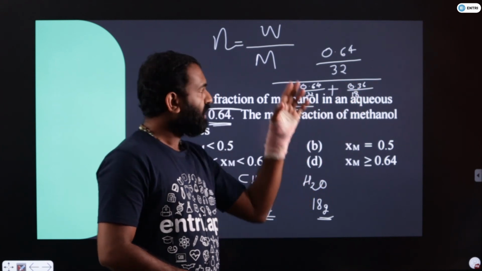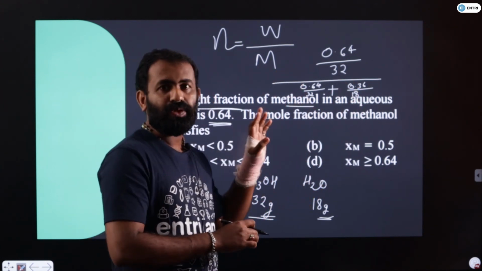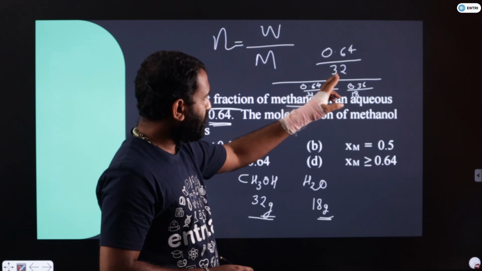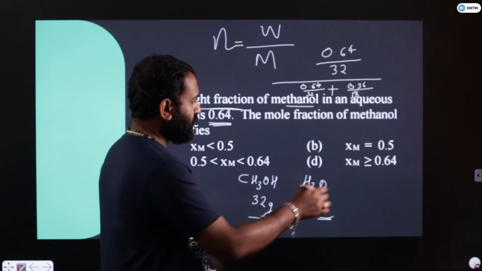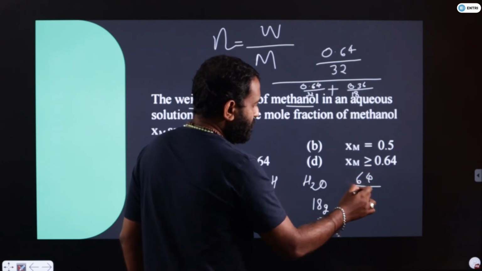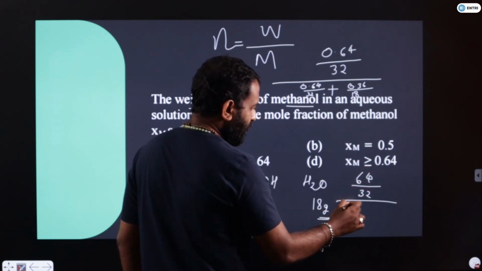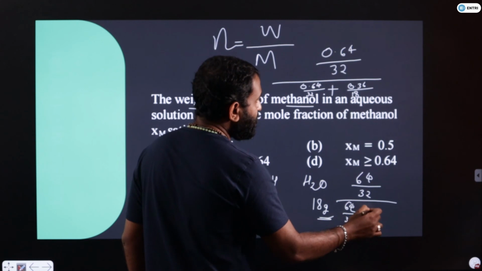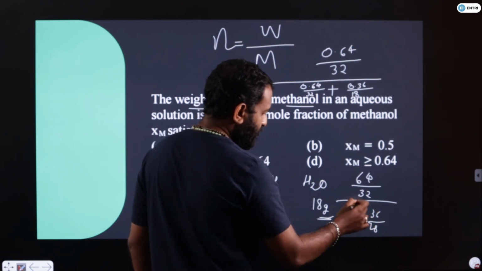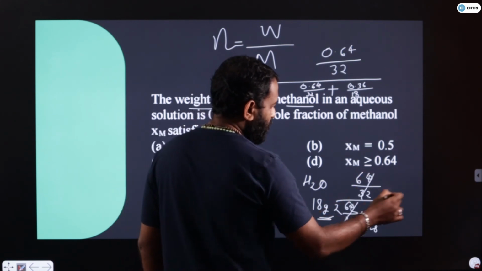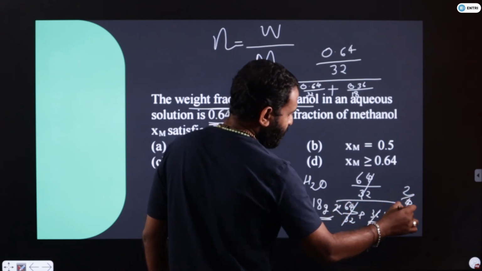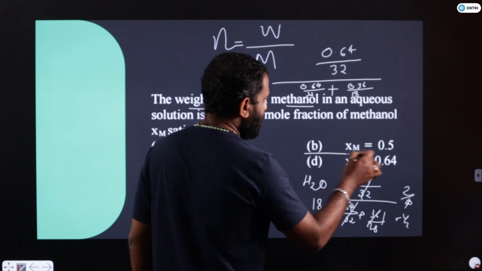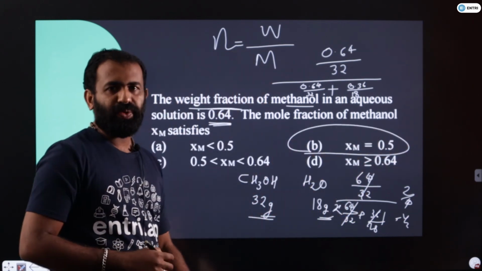So, this is number of moles of methanol, and this is number of moles of water. Individual number of moles divided by total number of moles: 0.64 by 32 divided by 0.64 by 32 plus 0.36 by 18. Simply we can write it as 64 by 32 divided by 64 by 32 plus 36 by 18. So, this is 2, this is 1. So, 2 by 4, that is 1 by 2, that means XM is equal to 0.5.